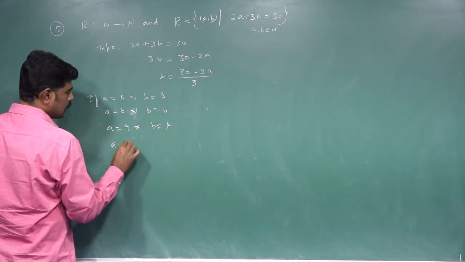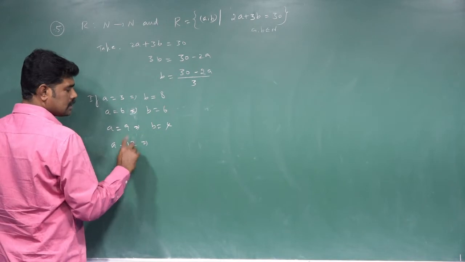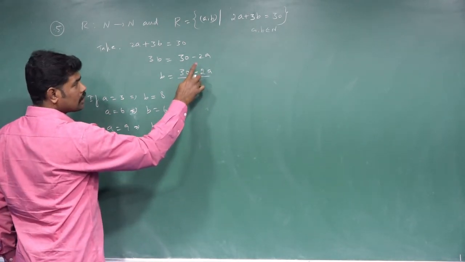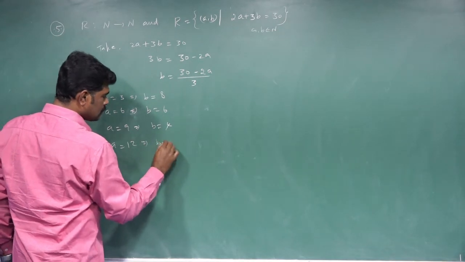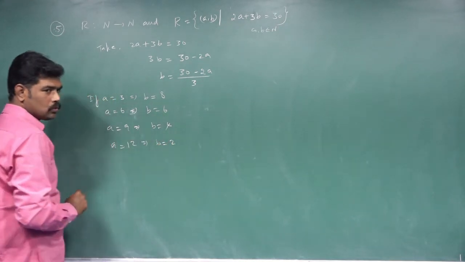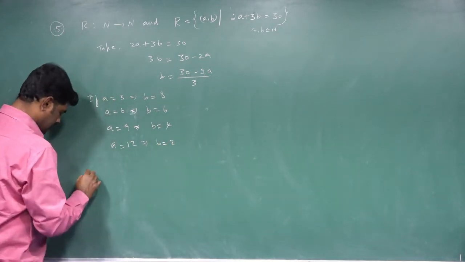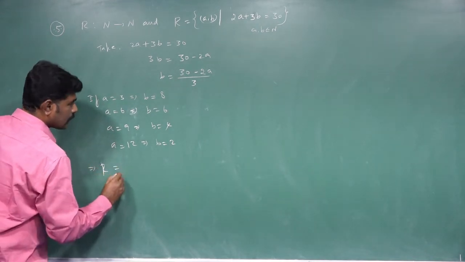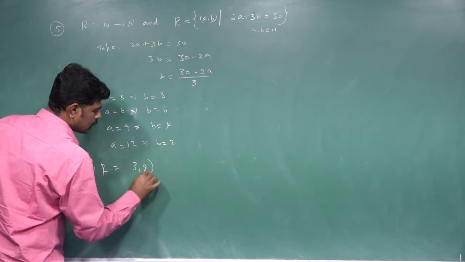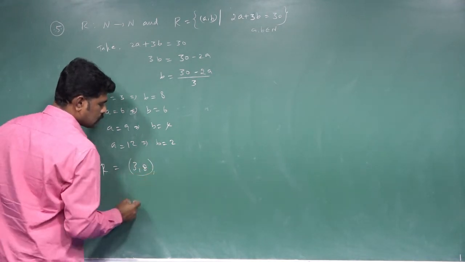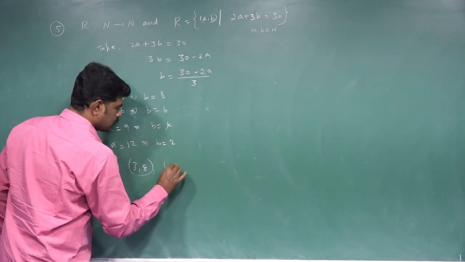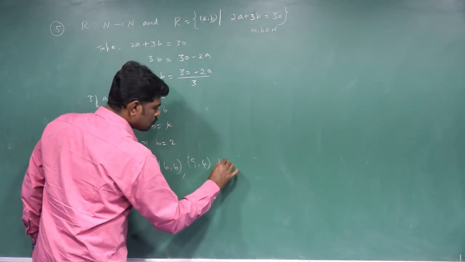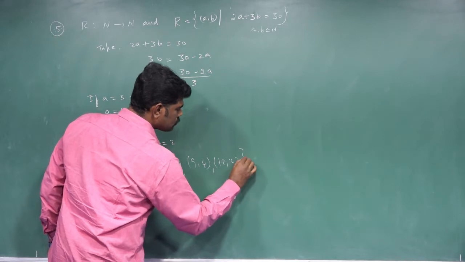A is equal to 12. 2 into 12 is 24, 30 minus 24 is 6, and 6 by 3 means B is equal to 2. So the relation has the pairs (3, 8), (6, 6), (9, 4), (12, 2).